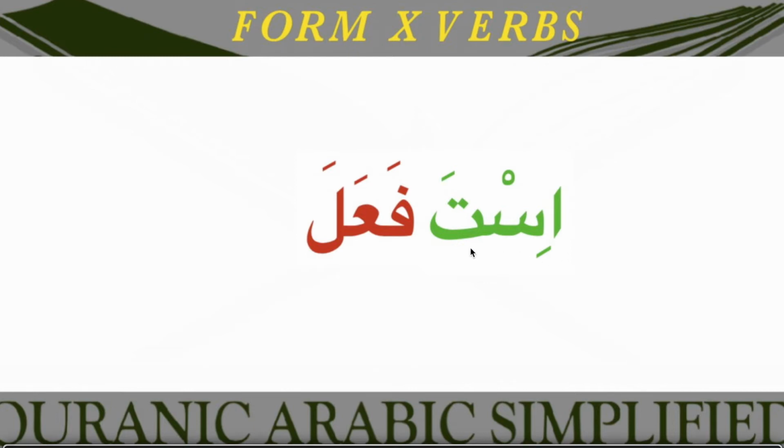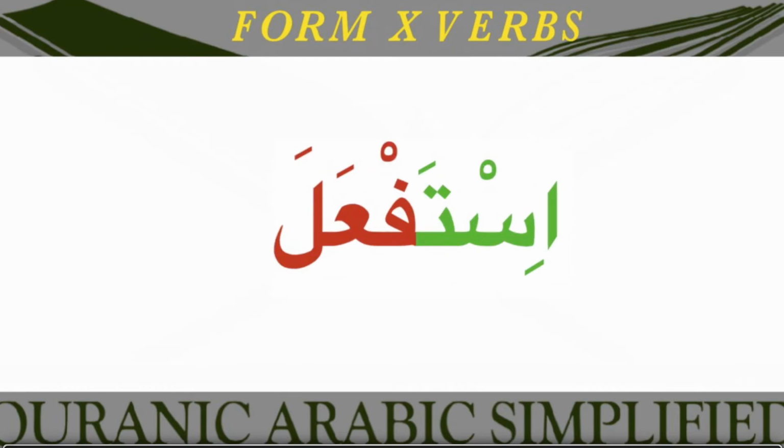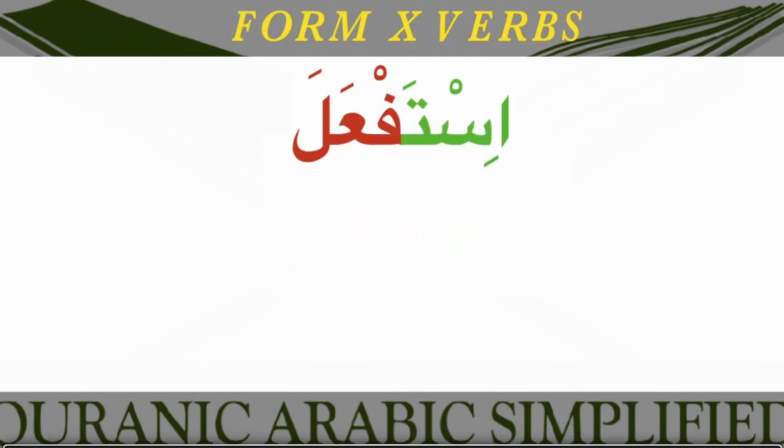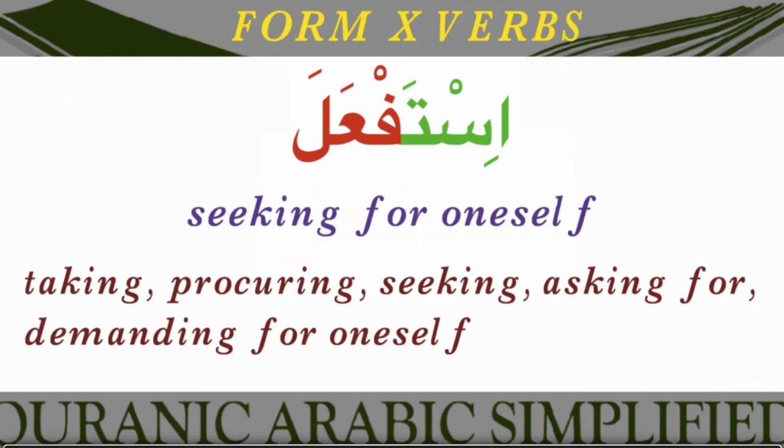So we have ista. When you have ista, what happens here? The fa will get a sukoon, and ain and lam will have a fatha. So it becomes istaf'ala. Istaf'ala. And mudari will be yastaf'ilu. So if we see the characteristic of this bab, bab istaf'ala, or form 10, it is for seeking for oneself.